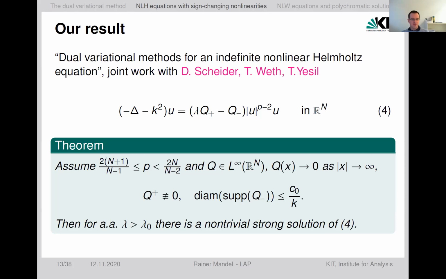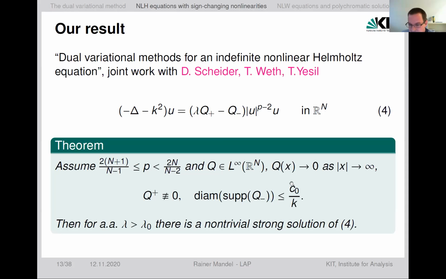So what can we prove in such a situation? We have the same assumptions mainly as before, and assume that Q plus is not identically 0, and that the diameter of the negativity set of Q is smaller than some constant divided by K. So if we take K equal to 1 for the moment, there's some number only depending on the space dimension, such that this inequality should hold.